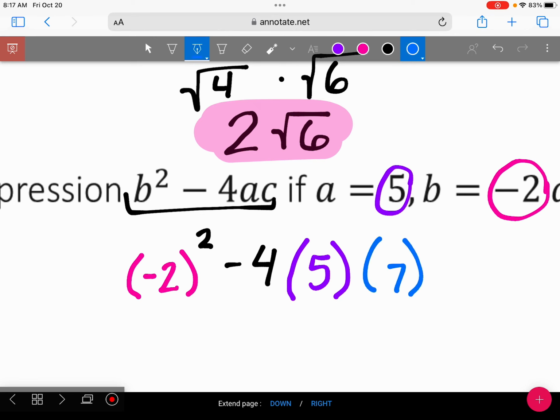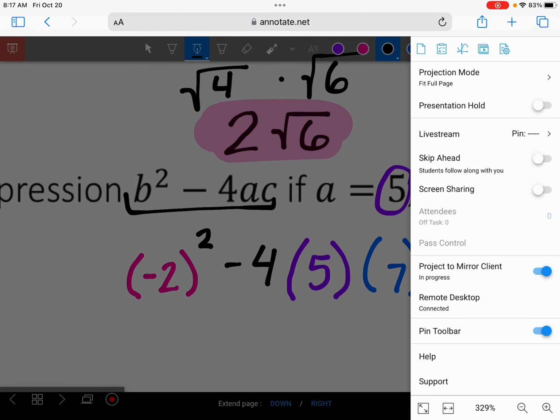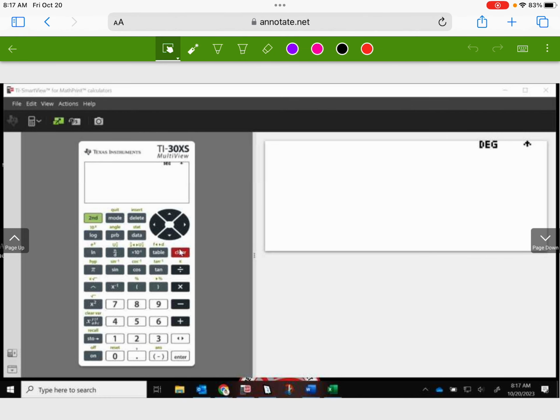And we're going to write it out first, and then we're going to simplify this, which we can do by hand or we can go in the calculator. It's going to be negative 2 squared minus 4 times 5 times 7.